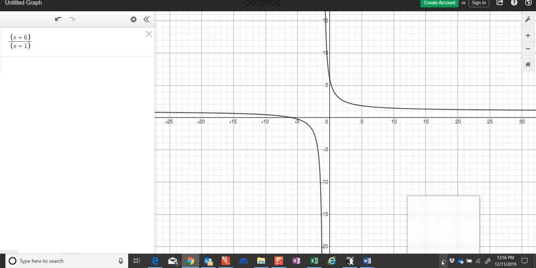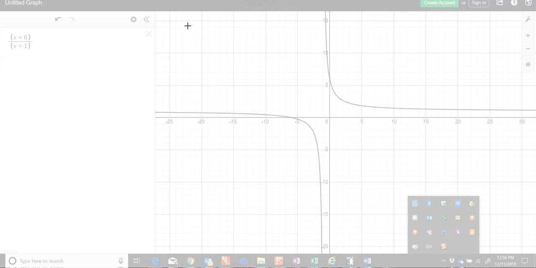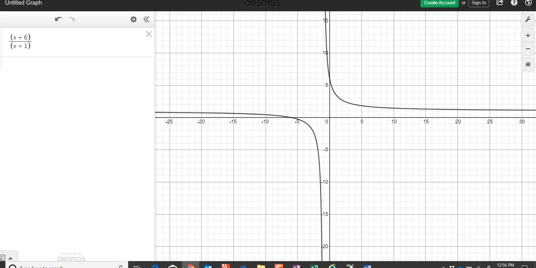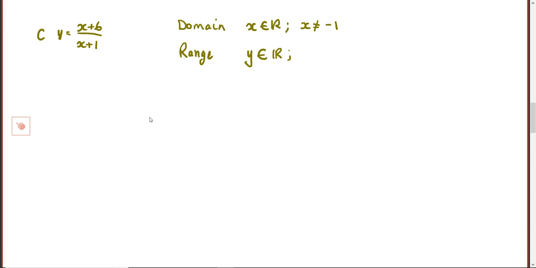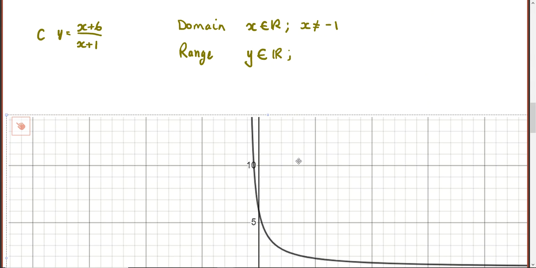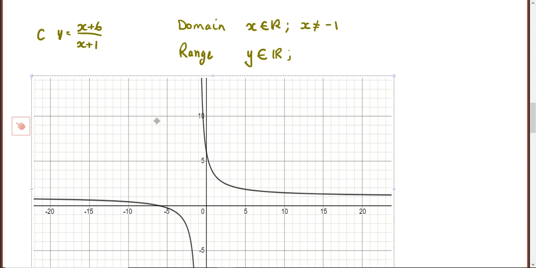So let's just take the screen. Is the domain wrong? Well, x can't be -1, at least from what I'm looking at. Well, that's what we wrote. Okay, never mind then.